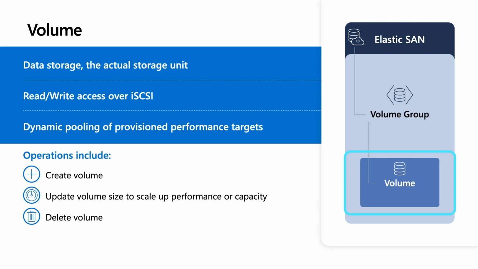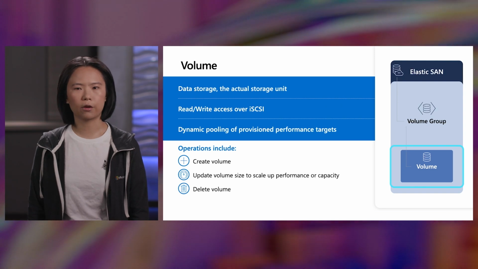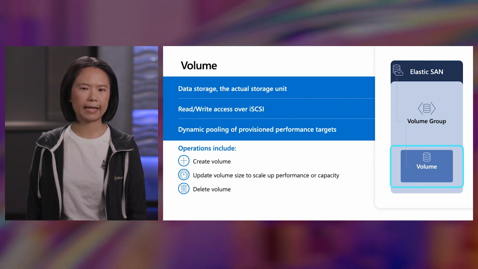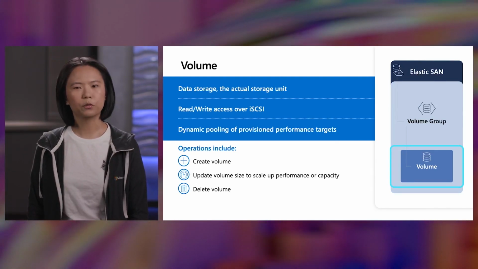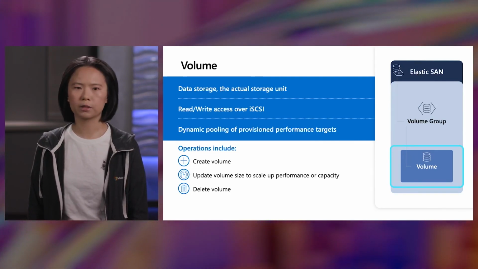You can achieve the max performance target of 64,000 IOPS and 1 gigabits per second at around 100 GB. All volumes will share the provision performance on the SAN level, but you don't need to provision the SAN level target to fully match the sum of all volumes.